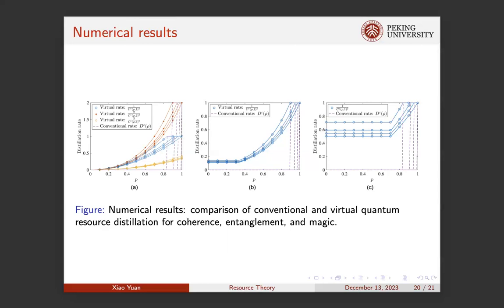Here we have 3 cases depending on how many coherent states we want to distill, and in all of them we can see that they are much more continuous than the conventional case. Even in this part where conventional distillation has a 0 distillation rate, we could still have a smooth distillation rate. It happens similarly for the entanglement and the magic case.